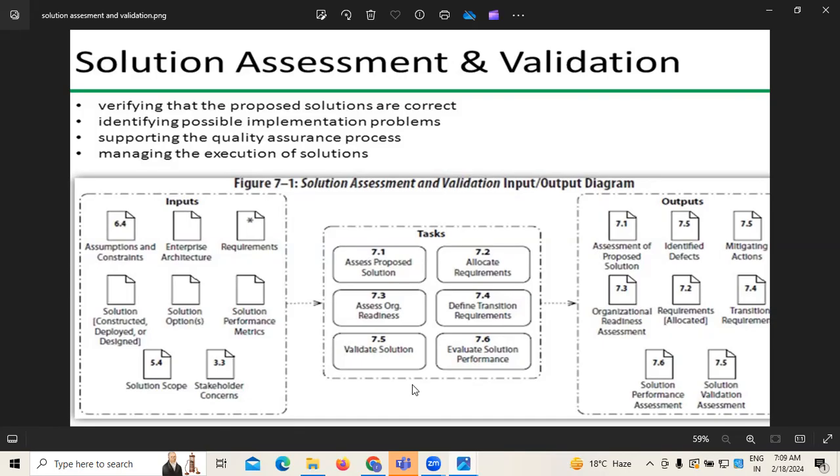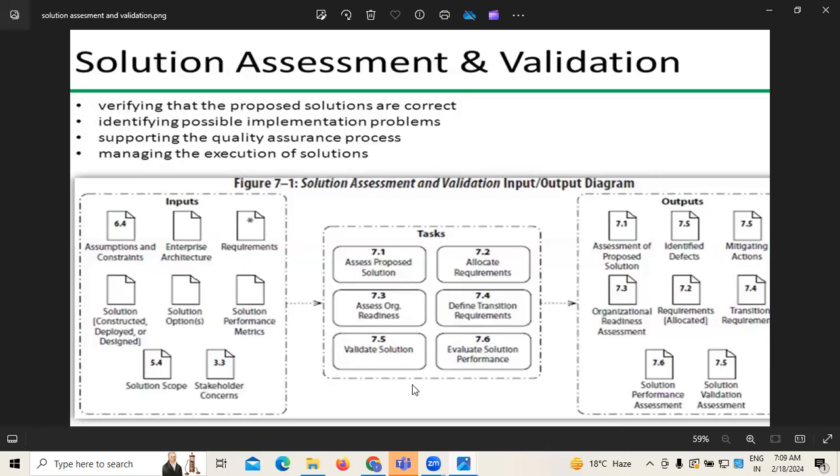Solution assessment and validation means finally, being a BA, whatever business solution was identified by us, we have to assess and validate, right? To what extent the solution identified was right or not, so we have to go back to the previous ones and understand. This all comes under solution assessment and validation.